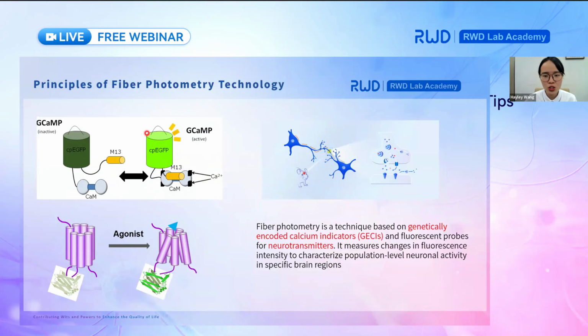So these fluorescence changes can be used to reflect neural activity. In addition, there are also sensors for neurotransmitters, such as dopamine and glutamate. When these sensors bind to specific molecules, the fluorescence changes, allowing us to monitor changes in neurotransmitter levels.